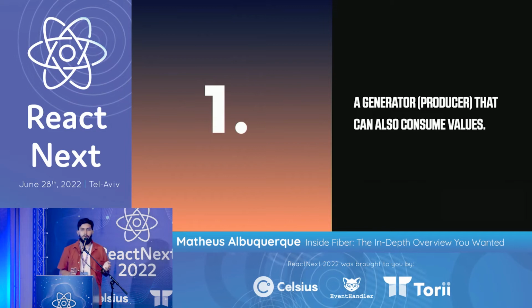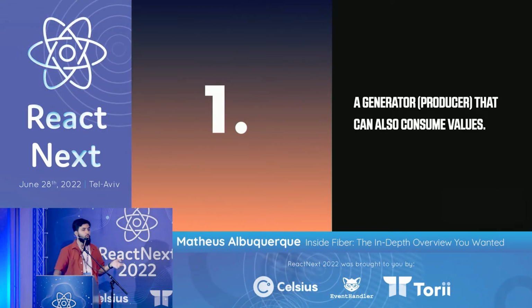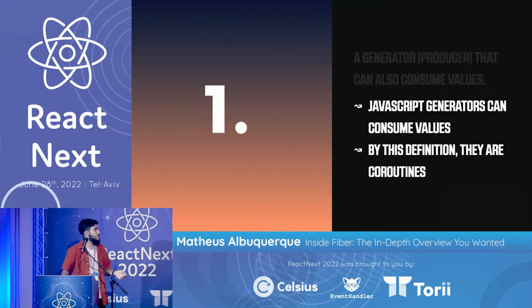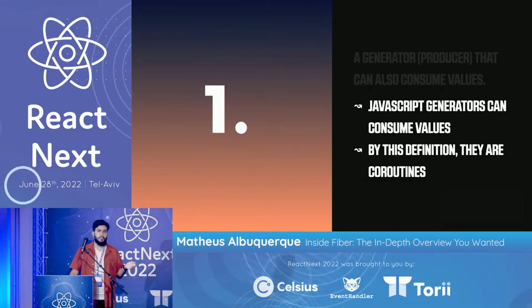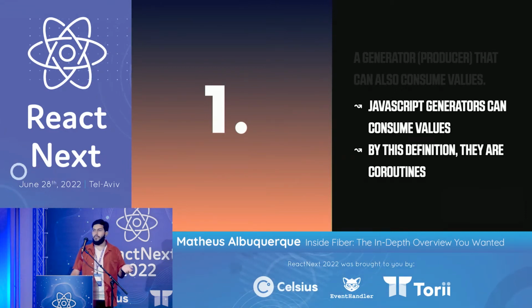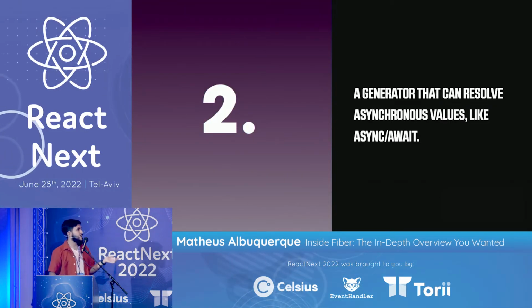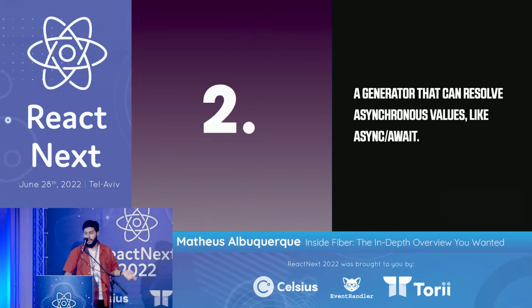The first one was that a coroutine is a generator, or a producer, if you will, that can also consume values. So I was like, okay, JavaScript generators can consume values. So by these definitions, they could act as coroutines. Another definition out there is a generator that can resolve async values, like async await.